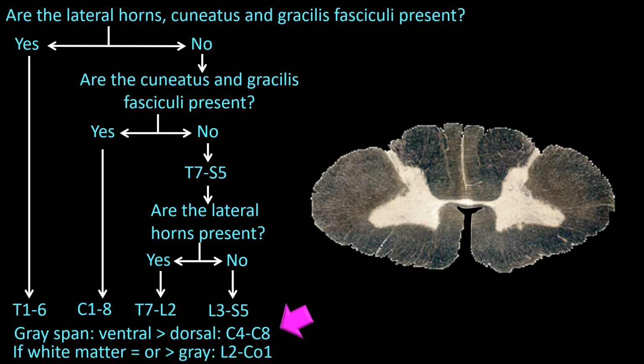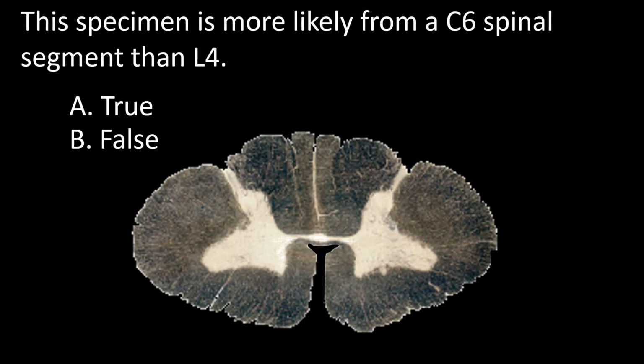The fact that the white matter ventral span is wider than the dorsal span indicates that the specimen is likely to be from C4 to C8. So the answer to this question is A.